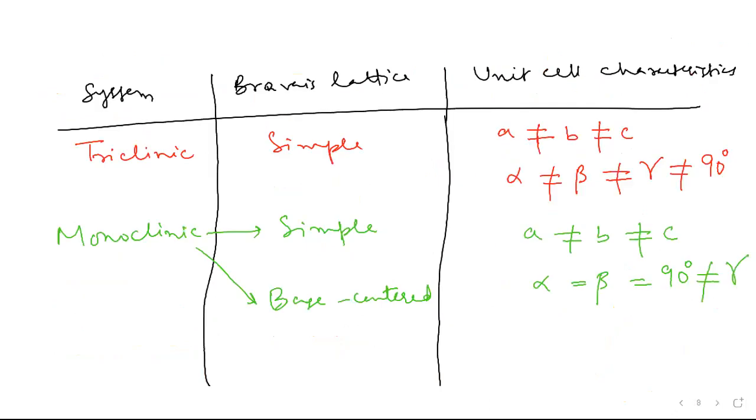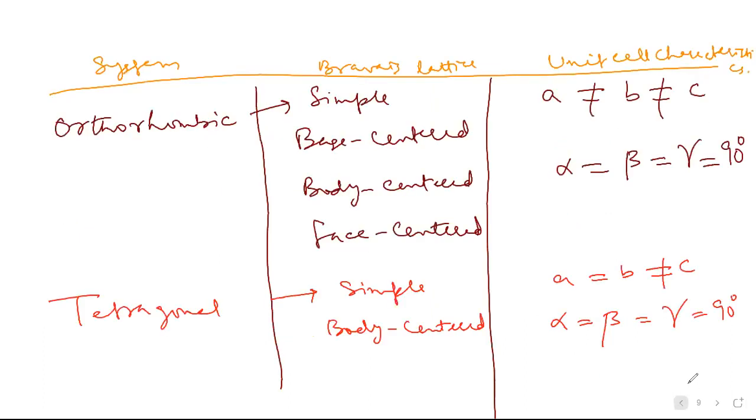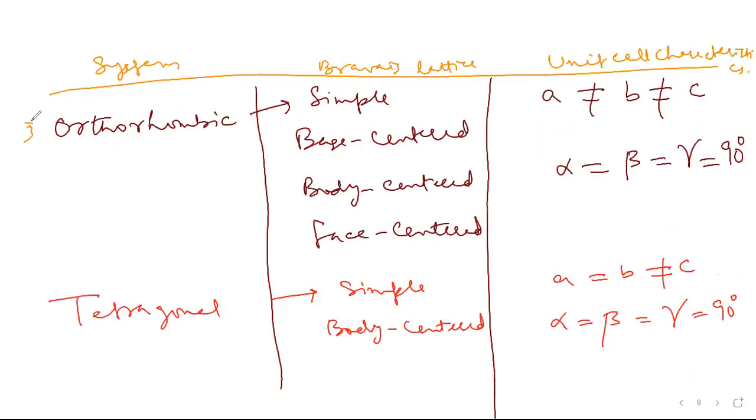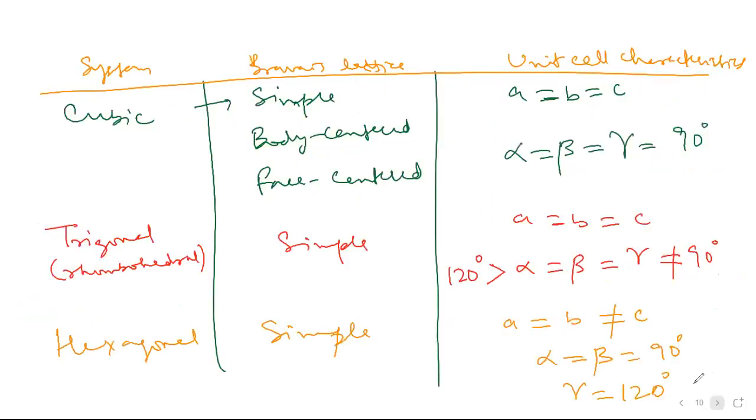So let us check. One system is triclinic, second is monoclinic. Then we have orthorhombic. Let me number them. So it's first, the second system, then third system, then fourth system, then fifth system, sixth system, and seventh system. So we have 7 crystal systems.